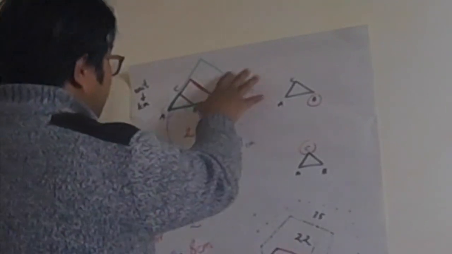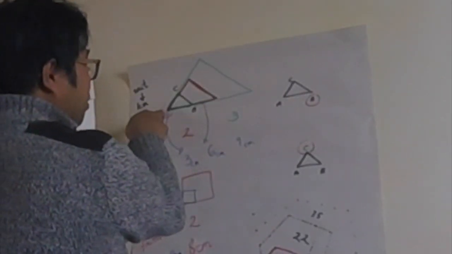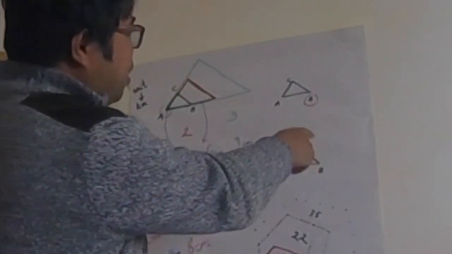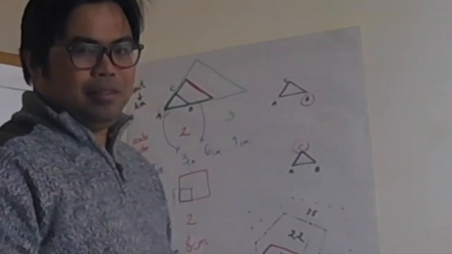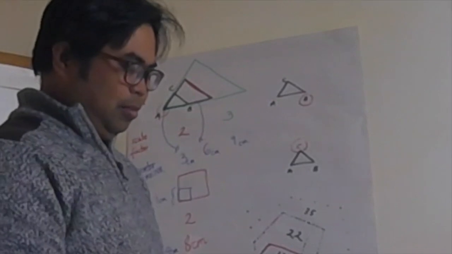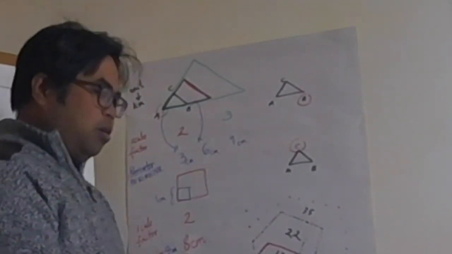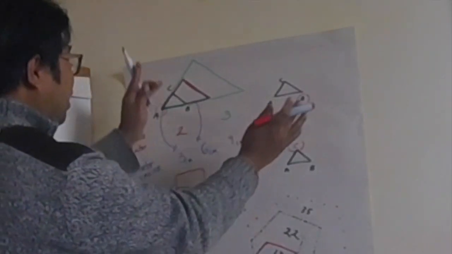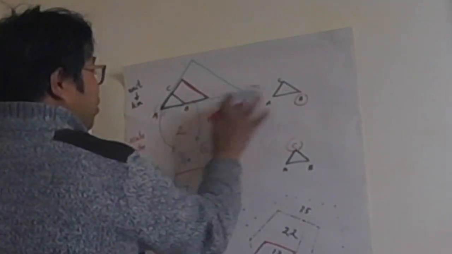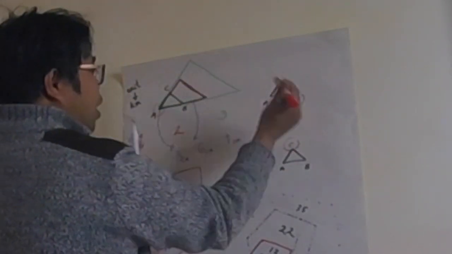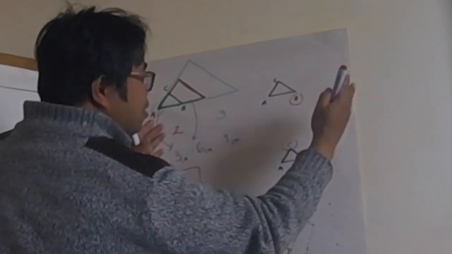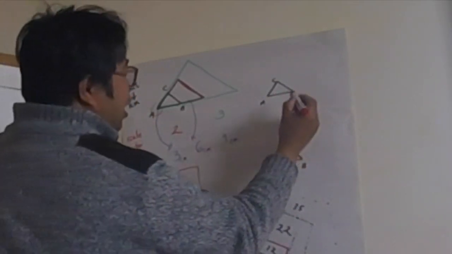So we enlarge this shape using point A. But what if my point of enlargement is B? How would it look? Here it would look like the opposite. So rather than enlarging from the left to the right, here you enlarge from the right to the left.